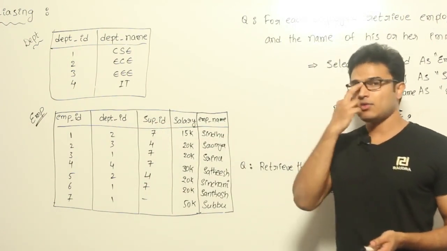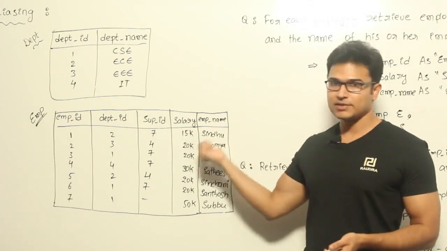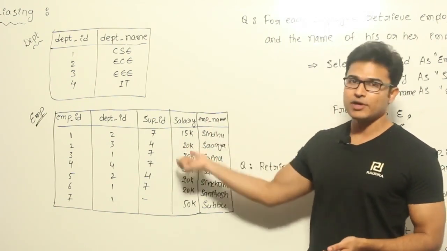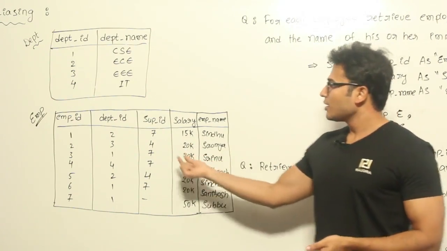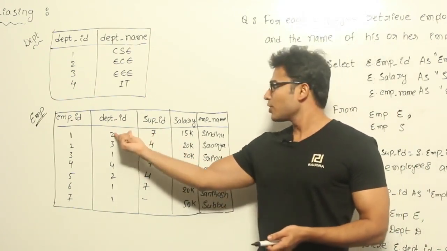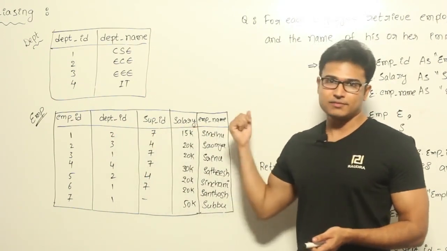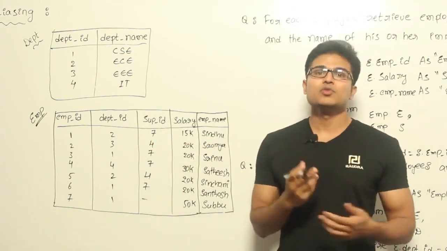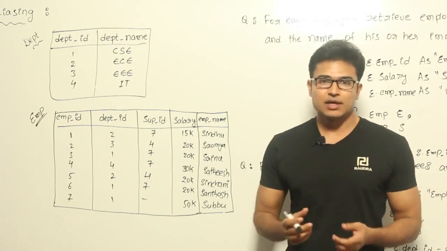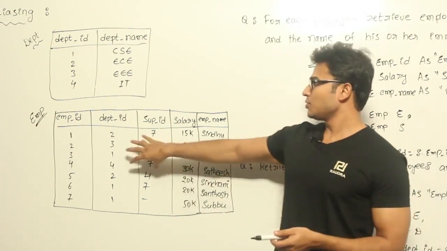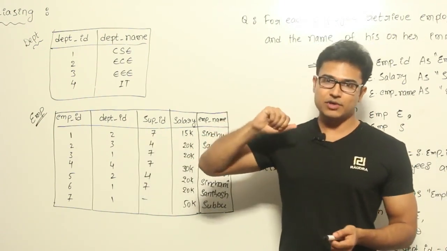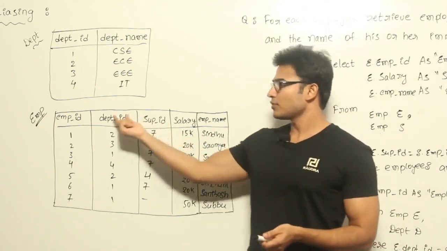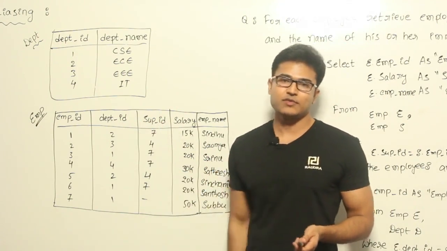Therefore, how can we find out every employee's supervisor is by joining the employee table again with the employee table in such a way that we should pair up every employee with the corresponding supervisor, right? Now in this case, we are going to use the same table 2 times. Right, kind of recursion, and in this same table 2 times, when you are going to apply the Cartesian product, you might get confused while specifying the names of the attributes.